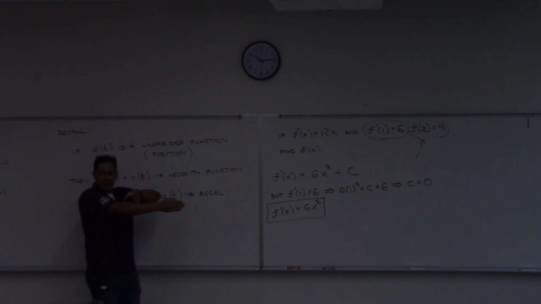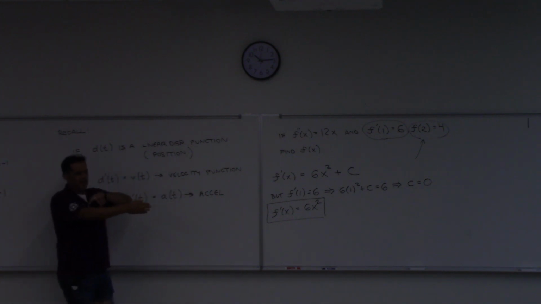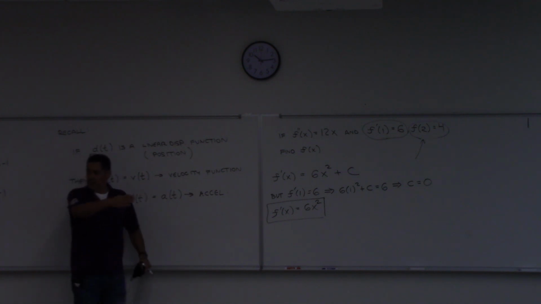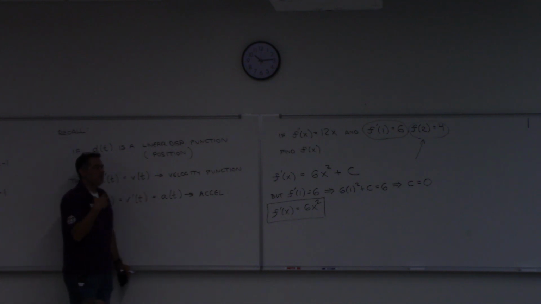This isn't a class where we're teaching vectors, but for physics, a vector has a length and a direction. This velocity function, for us in this class, is just the length of that vector. But in a Cal 3 class or physics, you also take into account the direction of the motion.